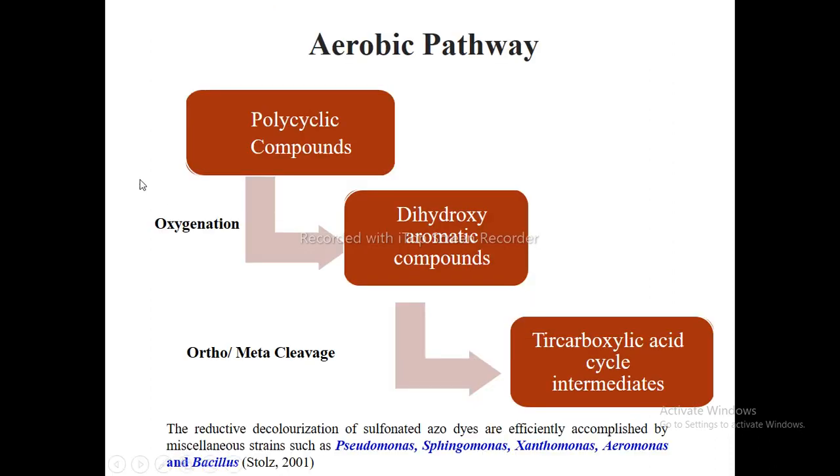Say, for example, if a polycyclic compound is degraded through the aerobic pathway, it will first undergo oxygenation, and then some oxygen atoms will be introduced into the molecule. Say, for example, a polycyclic compound gets oxidized into a dihydroxyaromatic compound. Then further, ring cleavage may occur, and it can become a carboxylic acid or a cycle intermediate. Right, this way an aerobic pathway will operate.